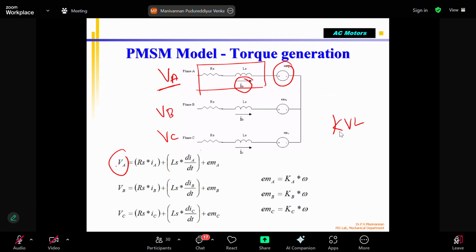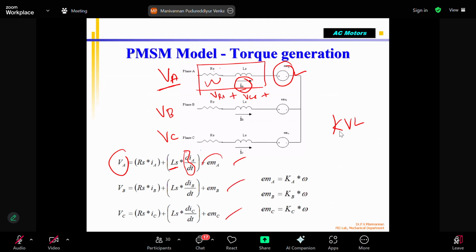VA should be equal to Rs times the current IA, that is the voltage across the resistance. Similarly, the inductance value multiplied by d by dt of the current, the rate of change, is the inductive voltage. I can say VRS and VLS. These two plus the back EMF generated. So the equation according to KVL for each phase: we have 3 phases, so 3 voltage equations, for phase A, phase B, phase C.